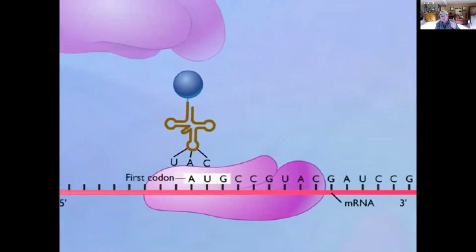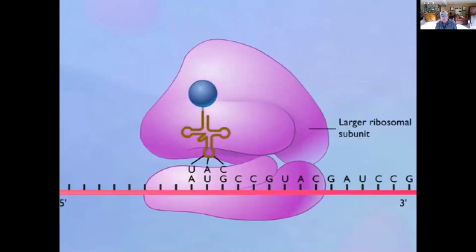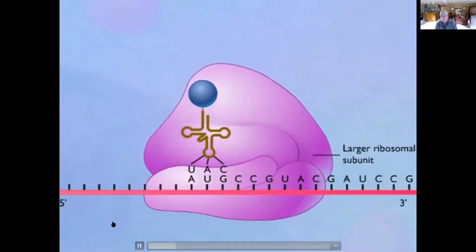Okay, we're getting the messenger RNA associated with the ribosome. And you can see the big subunit coming in here. Here's the small subunit. And then this is our first transfer RNA coming in. The larger ribosomal subunit then joins the complex.